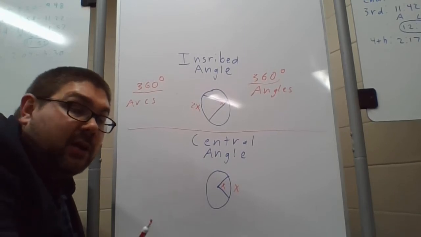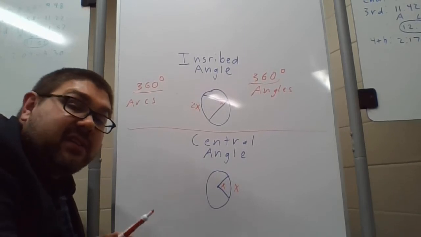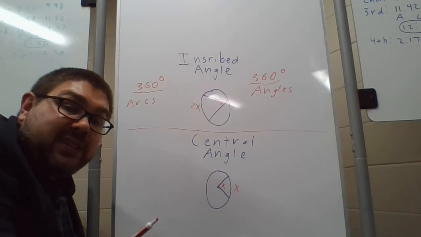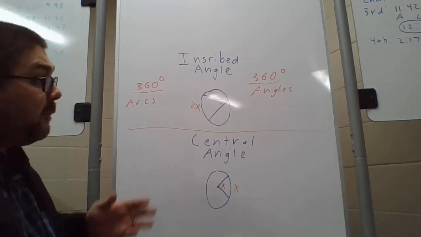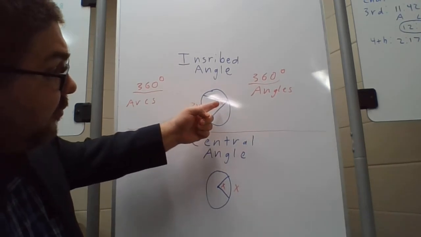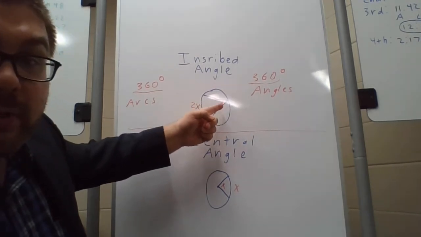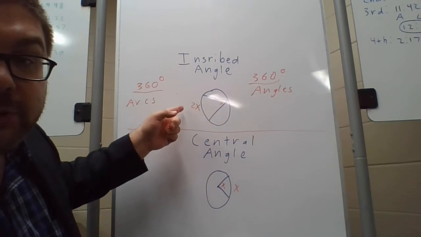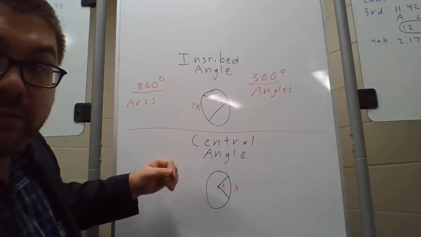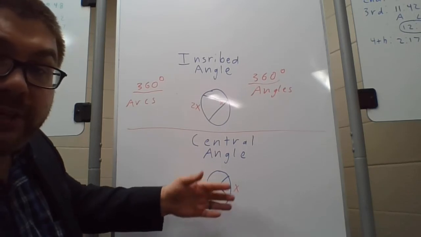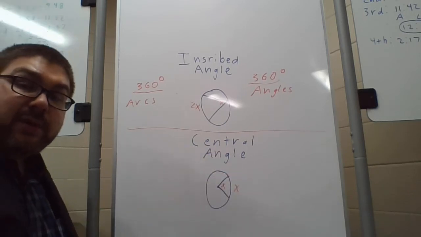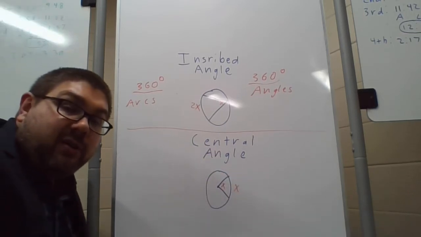Okay? And these two rules might seem kind of simple, like, oh, of course, if you have a measurement of the angle, you have a measurement of 2 times the angle for the arc. Oh, you have a measurement of the angle, well, it's the same measurement for the arc.